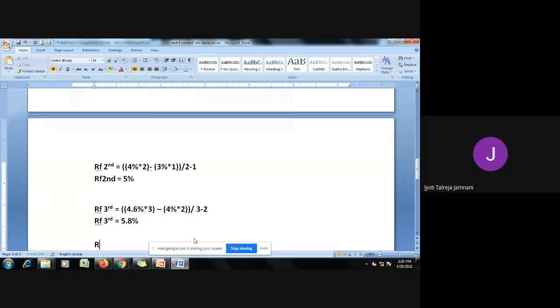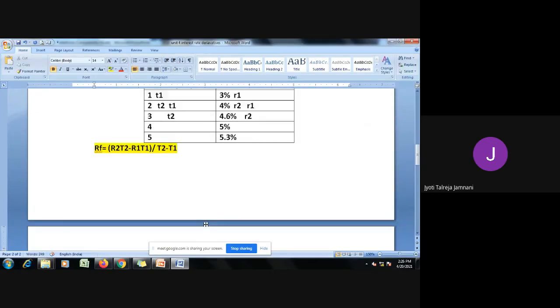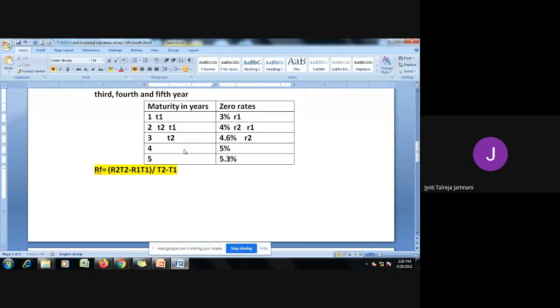Similarly, we'll do RF for fourth year. Fourth year will become T2 and third year will become T1. Same way, fourth year will become R2 and third year will become R1.